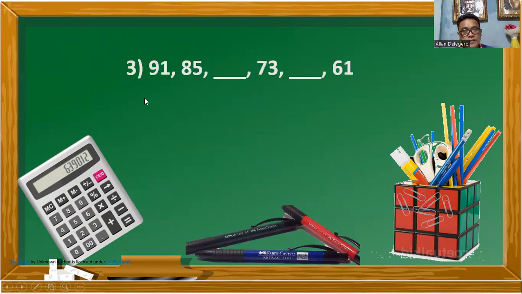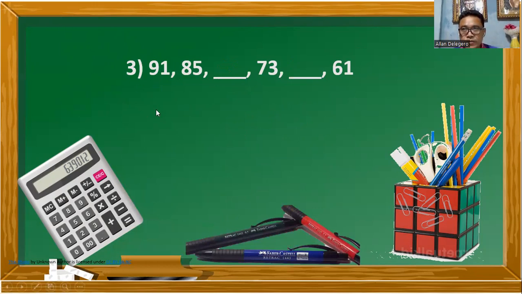Another one, number 3: 91, 85, blank, 73, blank, 61. So the numbers are arranged in decreasing order.